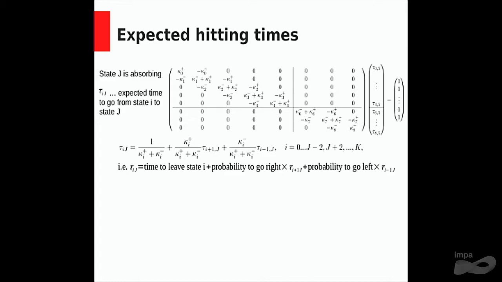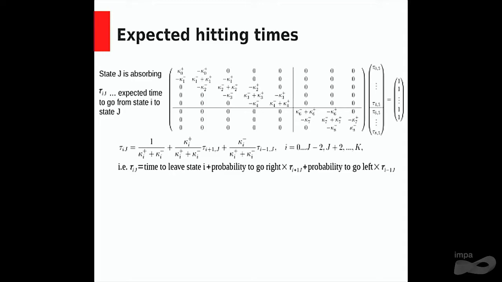If you would look, for example, at times to go from any state i to state, let's say, 5, you basically would take the process and make state 5 absorbing, which means that you skip column number 5, or in this case 6, and row number, in this case 6. And you get this modified matrix here. The linear system based on this matrix and right-hand side ones gives you the expected hitting time. So that's a standard result.